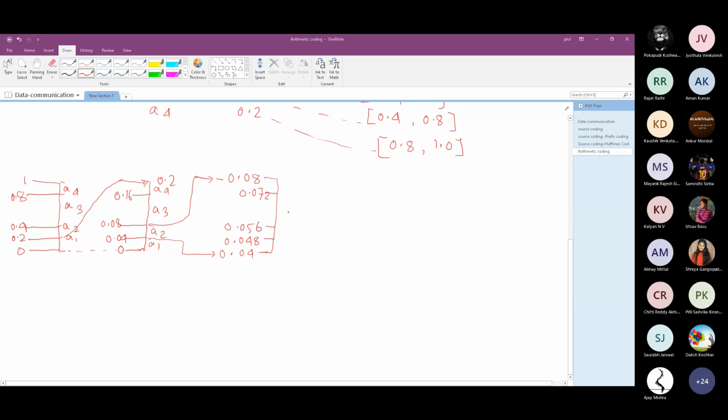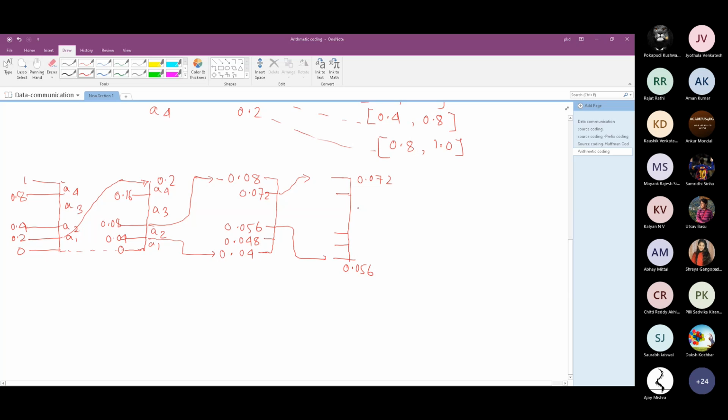So next, this interval. This is 0.072. This is 0.056.